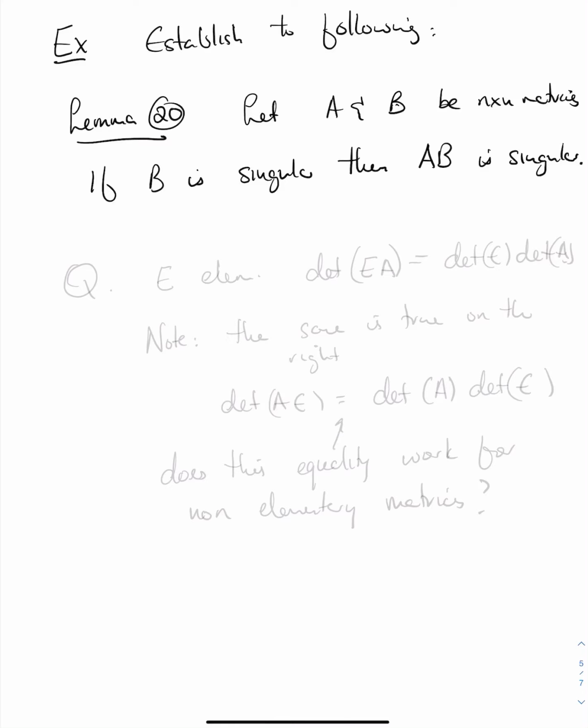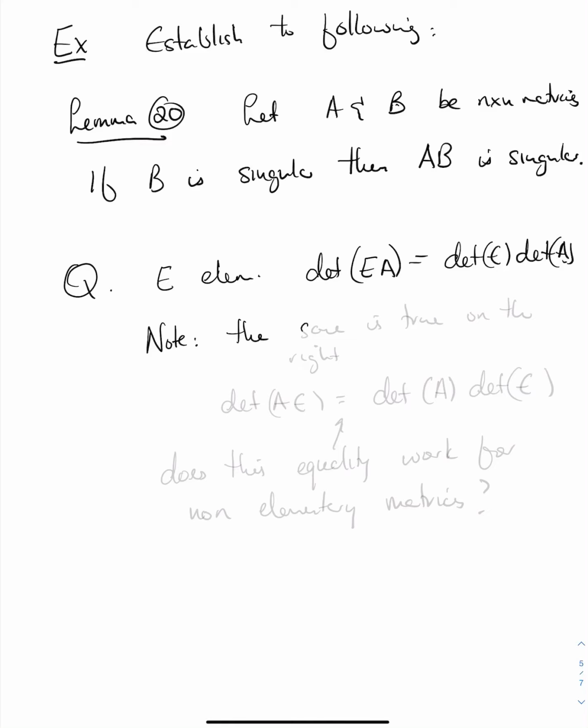Here's a question that you might have. If E is an elementary matrix, then we know that the determinant of EA is equal to the determinant of E times the determinant of A. Note, this is something that might require some thought.